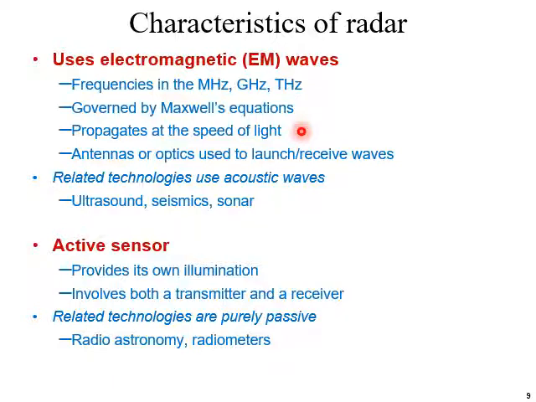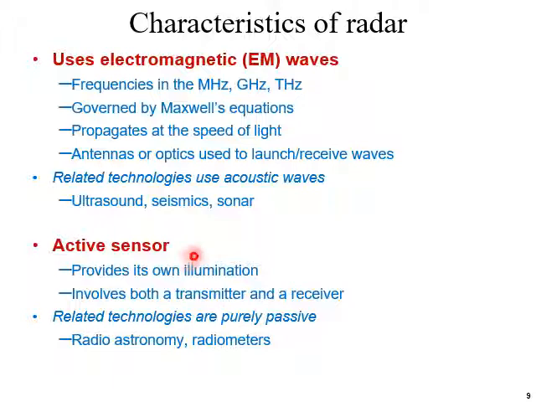Antennas or optics are used to launch or receive the waves. Related technologies use acoustic waves like ultrasound, seismics, sonar. They are actually a kind of radar, but they use acoustic waves instead of electromagnetic waves.